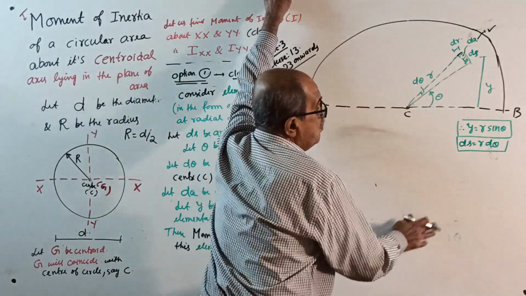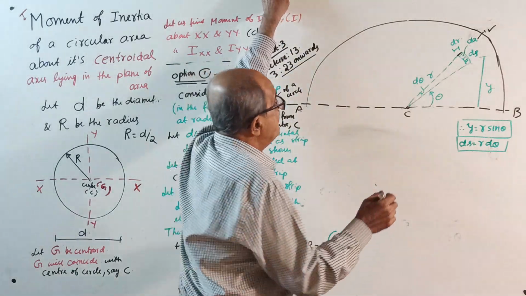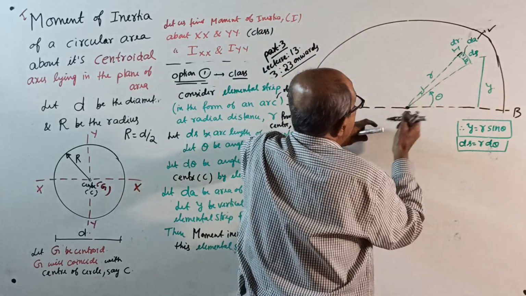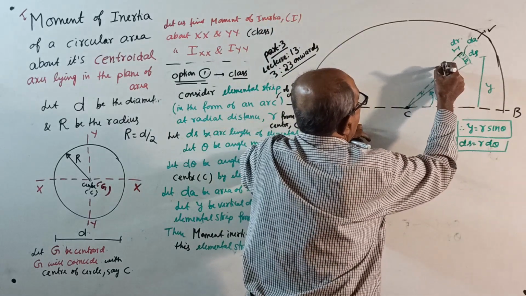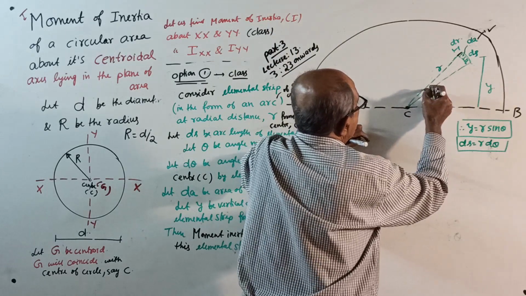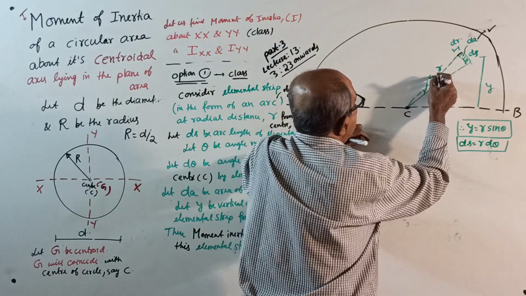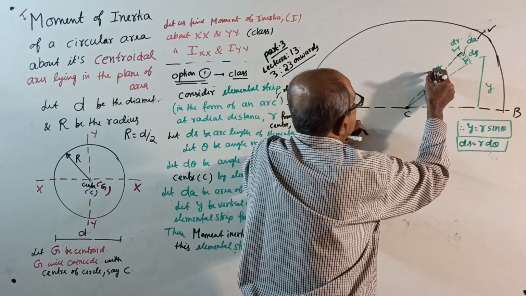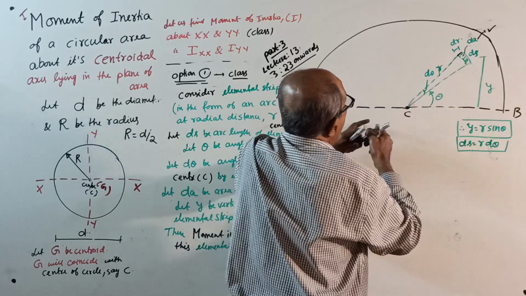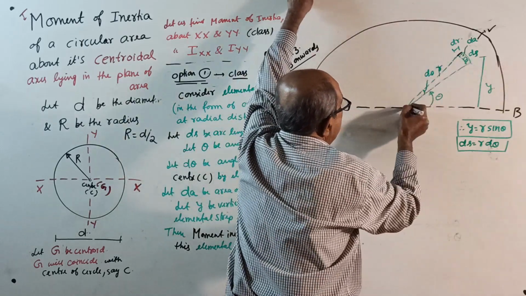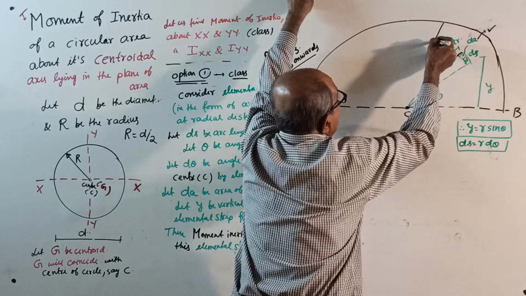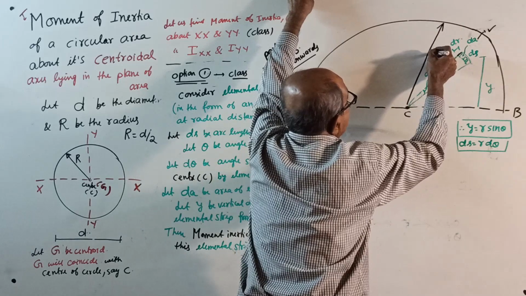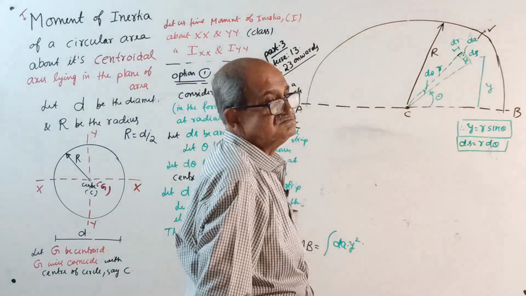Now, once this much is over, remember, from here, this d theta is giving trouble to me. I will write r here and put d theta here. Some space problem is there because I want to show one more thing. This is d theta, and from here to the extreme fiber, this is the radial length, the radius of the semicircle r.